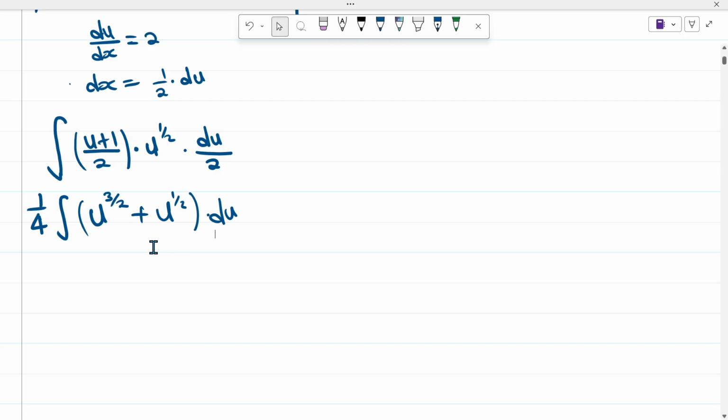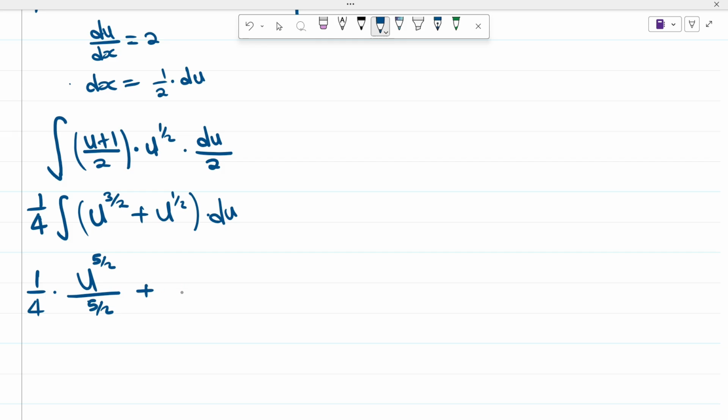Now we can just integrate this one. So from here you can see that your answer for this integral is going to be U to the power 3 over 2 plus 1, so that's 5 over 2, divided by 5 over 2.